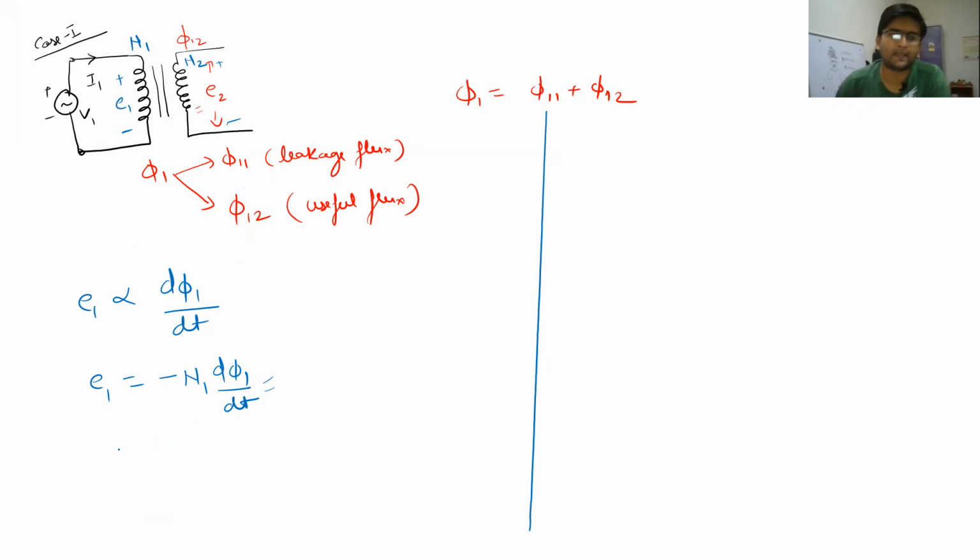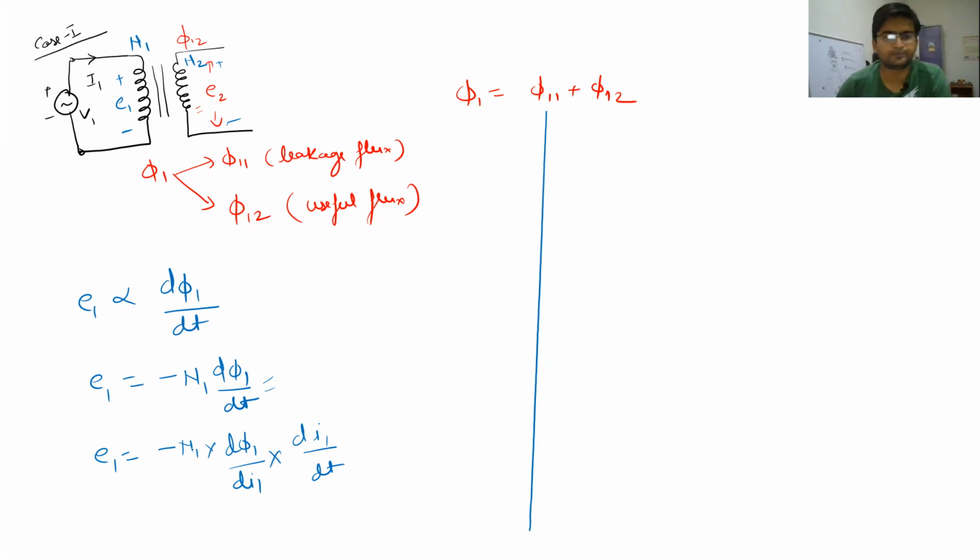So let us change this equation a little bit. We will get minus N1, and let us multiply by a term d phi 1 upon di1. So I am multiplying di1 in the numerator and denominator, and so we will get di1 upon dt.